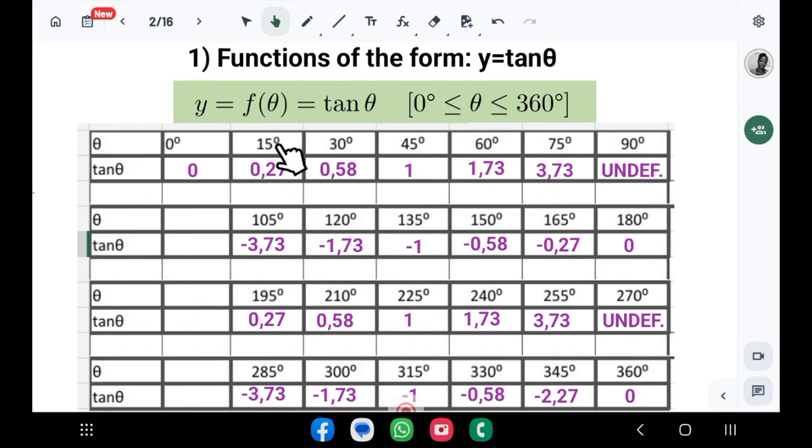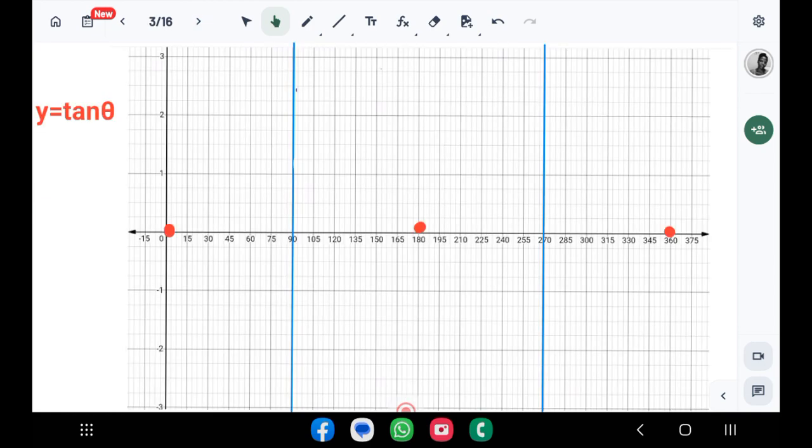Now, let's plot 15 degrees, which is 0.27, and the one that is 180 away from 15 degrees, and that is 195. So that is at 0.27. That's 0.5, because that is 1, that's half, 0.5.